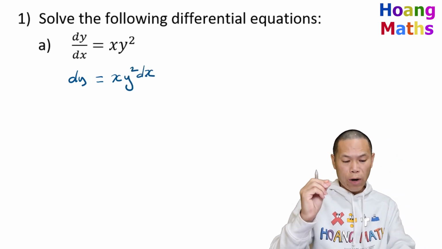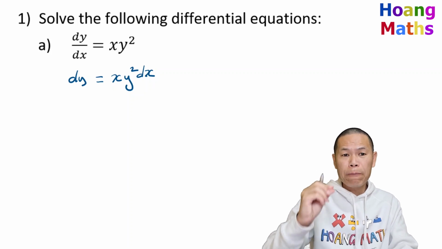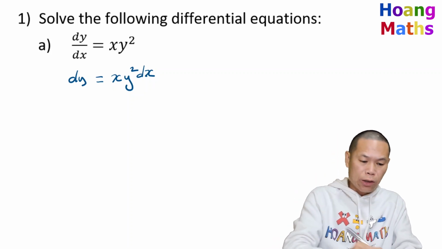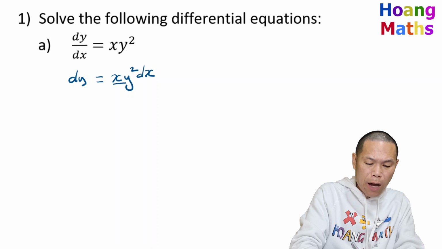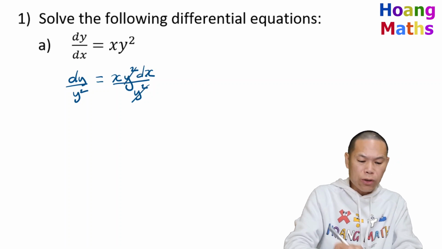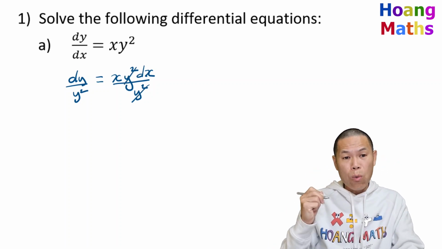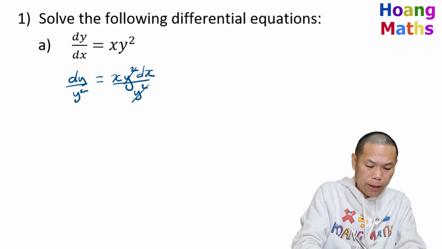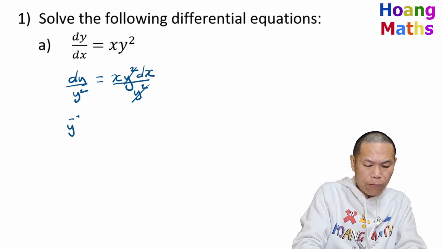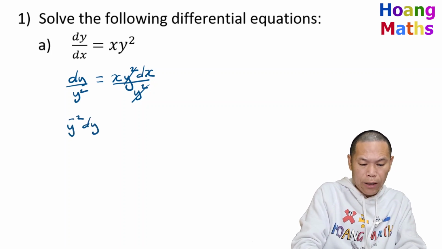And we need to separate y with dy, x with dx. So I just divide by y squared, so that cancels out. So dy over y squared is the same as y to the power of -2 dy is x dx.